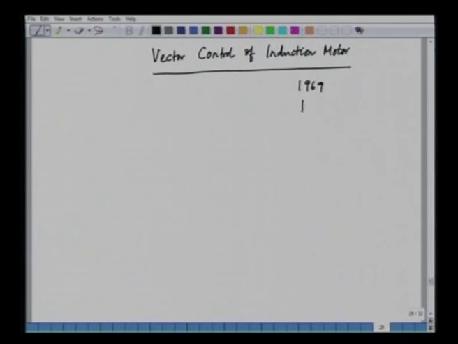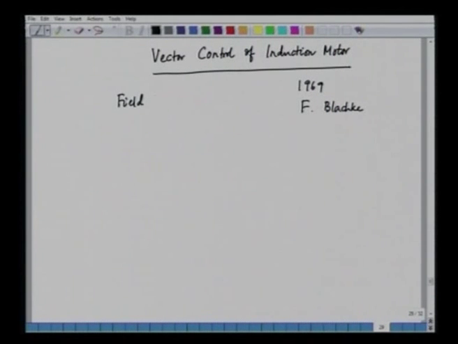In fact, the very principle was given sometime in 1969 by a scientist called Félix Blaschke. Blaschke gave an idea for the control of AC machine called field oriented control. And this was also known as vector control because we are controlling the amplitude, the frequency and the phase angle of the currents in the stator.